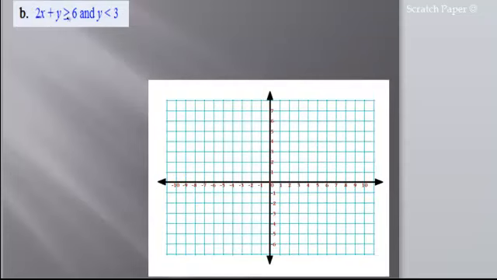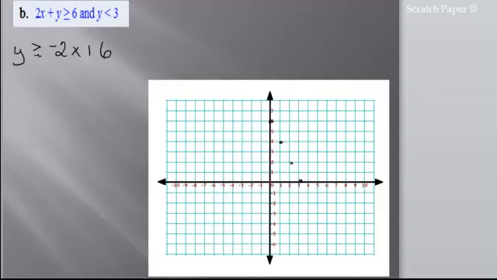We have 2x plus y is greater than or equal to 6. So let's solve that for y by subtracting 2x on both sides. y is greater than or equal to negative 2x plus 6. So we would go to 6, make that our y-intercept, rise negative 2, run 1. We would continue doing that.